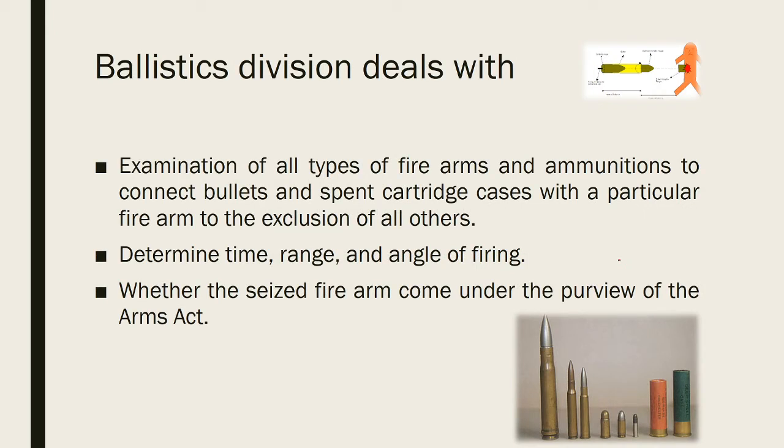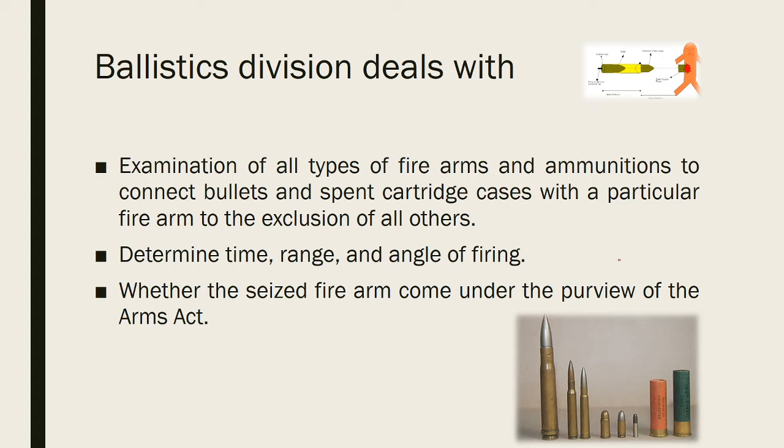What does the forensic division deal with? In the forensic science laboratory, the ballistics division, what are they dealing with? If they get a firearm or ammunition or a cartridge case as evidence, they have to check whether the bullet has come from this particular firearm, or from which firearm this bullet or cartridge case is fired, and what is the range of the firearm, from what distance the culprit had fired at the target, and all such things we have to find out.